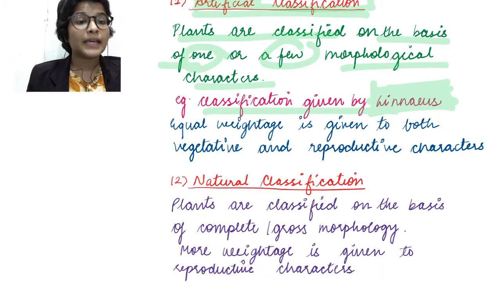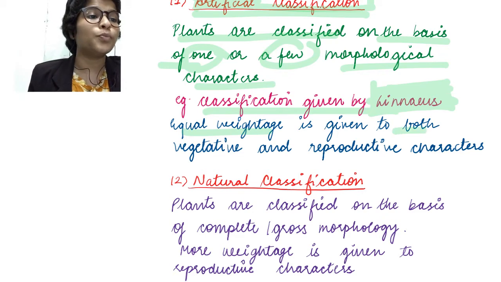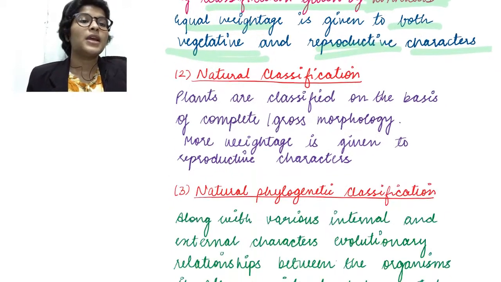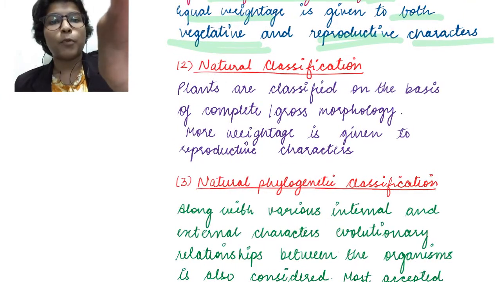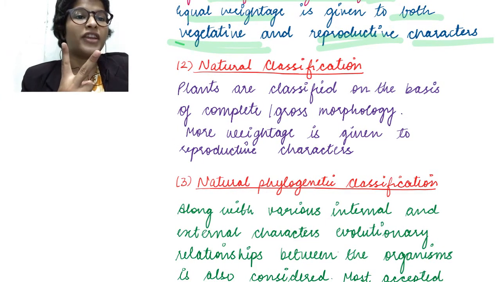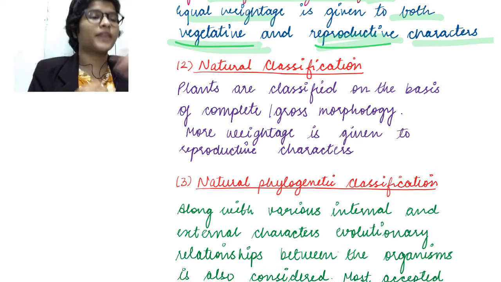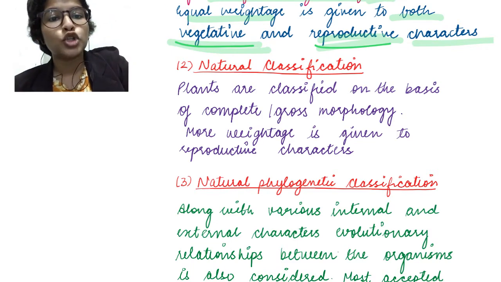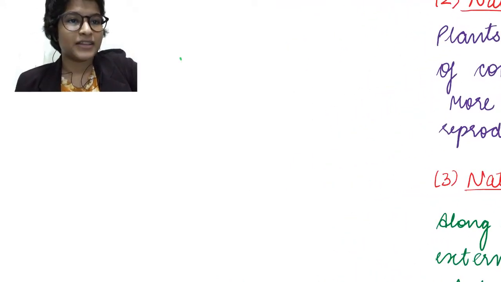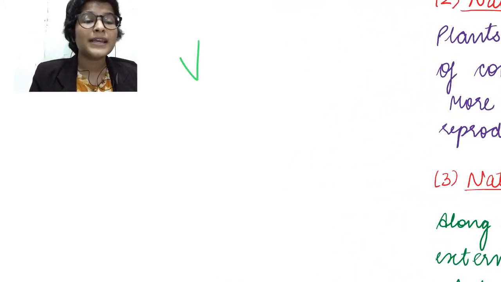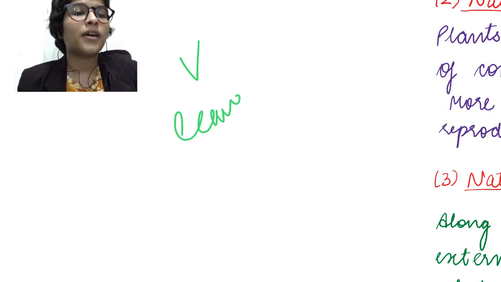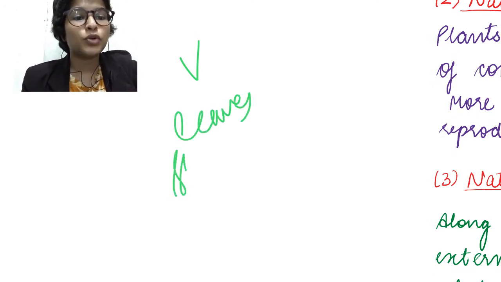Here there was equal weightage given to both vegetative and reproductive characters. Now tell me what is the importance of these two terms, vegetative characters and reproductive characters. This is a very slight concept I need you guys to understand. Our vegetative characters, those include what? The external appearance of the plant like leaves, its shoot system, root system, flowers.